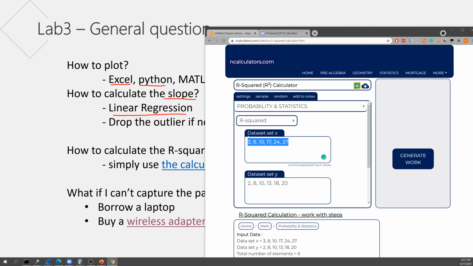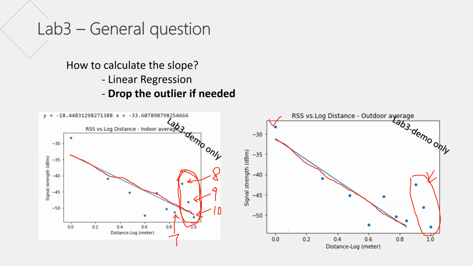So let me have a demonstration here. The data set X, what is that? It's our log scale distance. For example, in my plot, you can see 0 is minus 28, right? And this one is 0.3, it's about minus 41. And this one is 0.5, it's about minus 45.